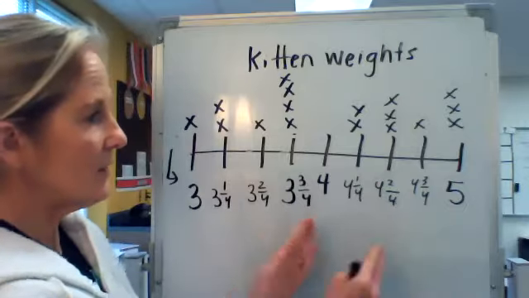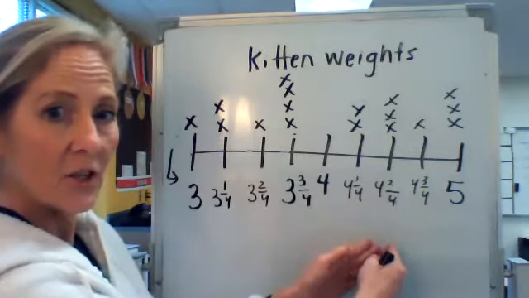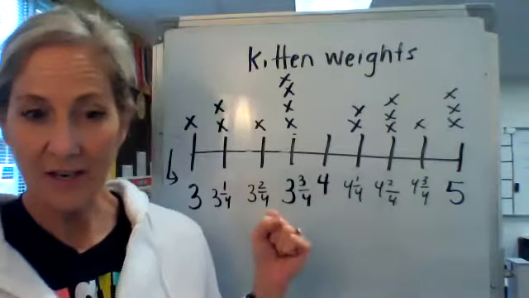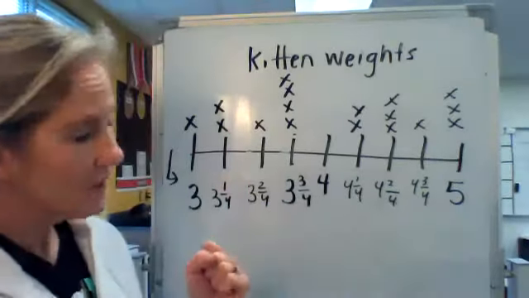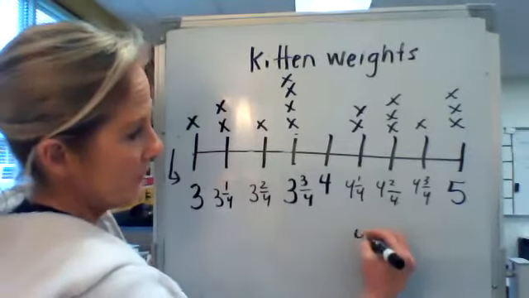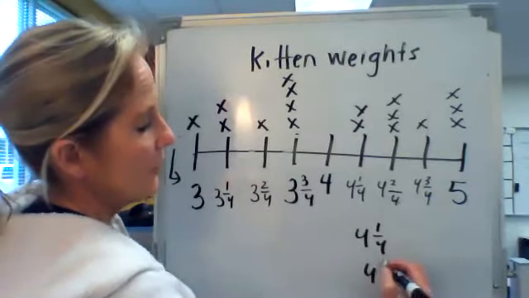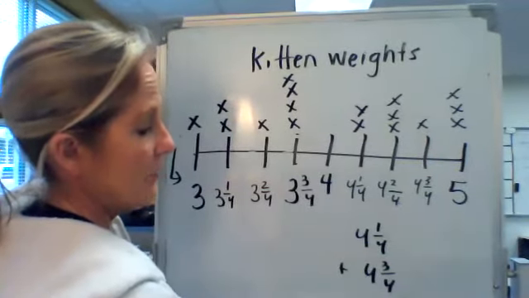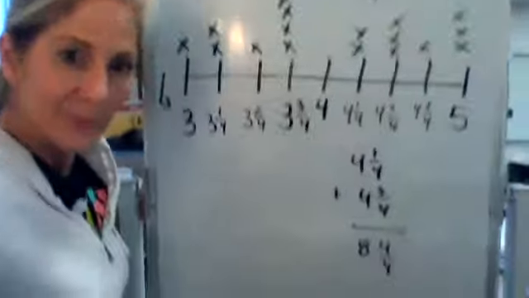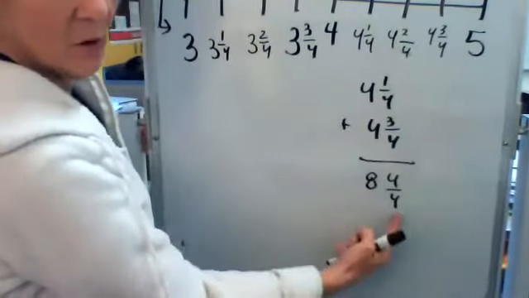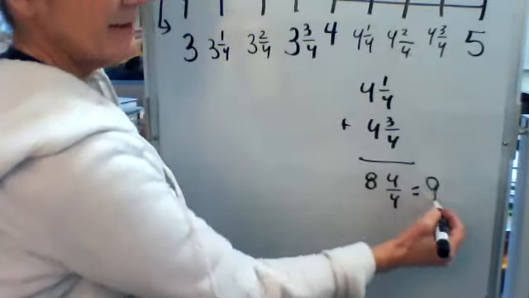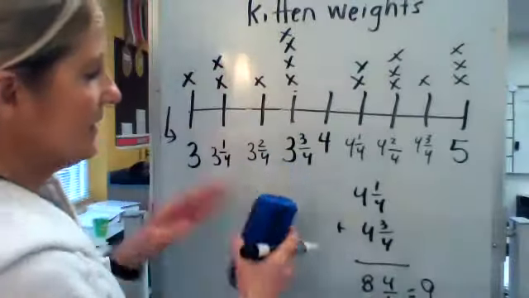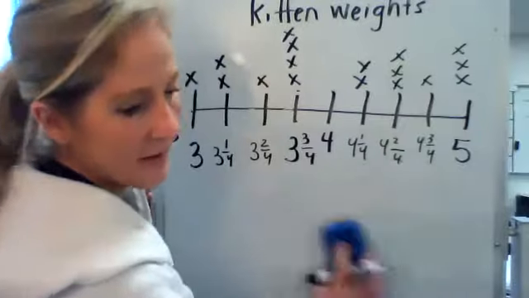So what I'd expect is that you take a good guess and check. You're going to be doing that math to check and see if it's right. It turns out that 4 1/4 and 4 3/4 comes up to 8 4/4, which we know, we see that fraction means a whole. So we immediately can convert that to 9. So those are the 2 kittens that weighed 9 pounds.